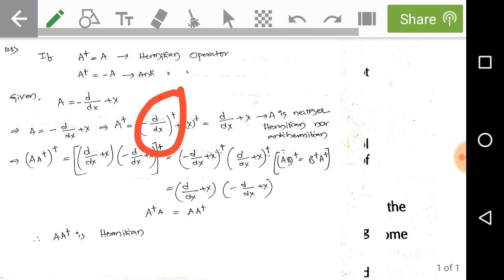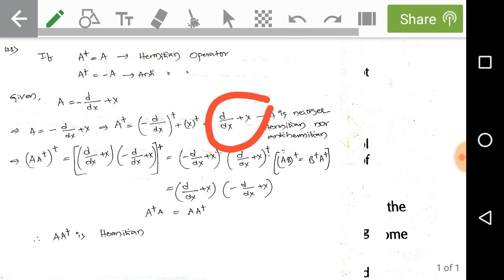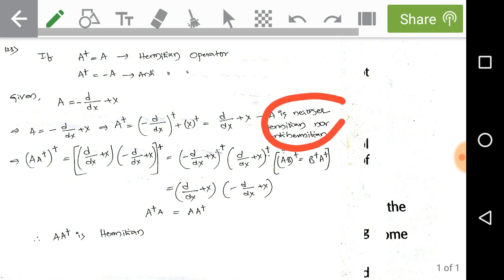The adjoint of minus d by dx results in d by dx and the adjoint of x results in x. So here A is neither Hermitian nor anti-Hermitian. Just check it: A is minus d by dx plus x, whereas the adjoint of A results in d by dx plus x. That's why A is neither Hermitian nor anti-Hermitian.